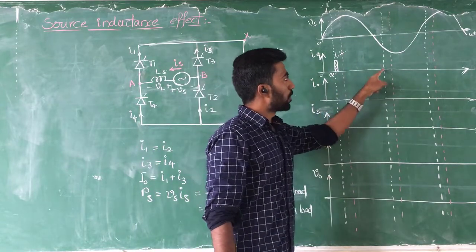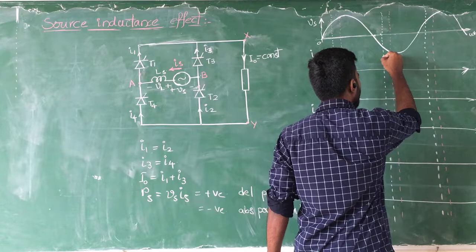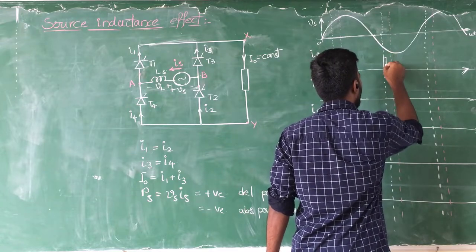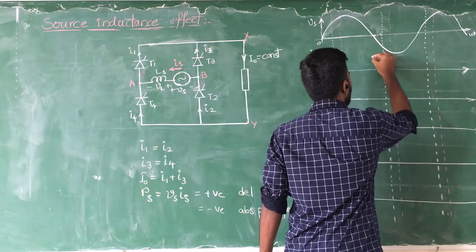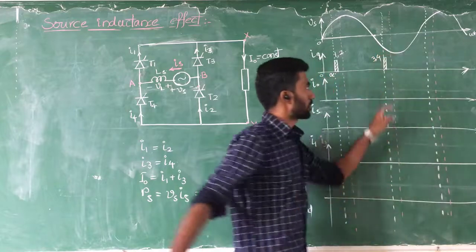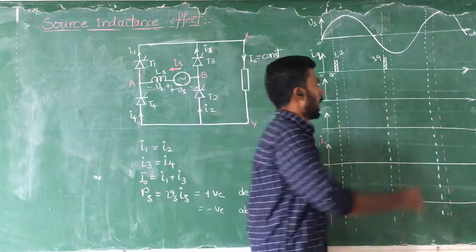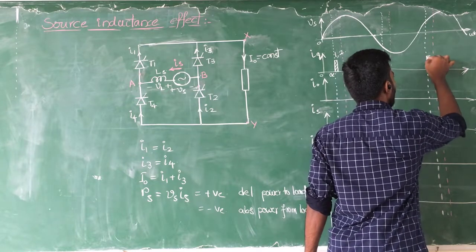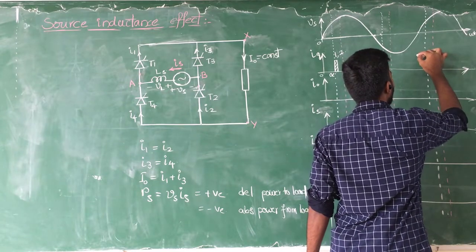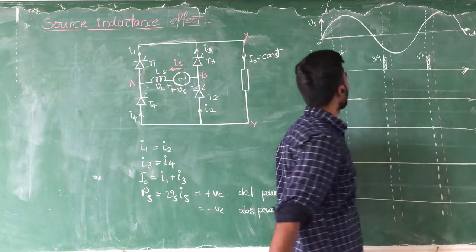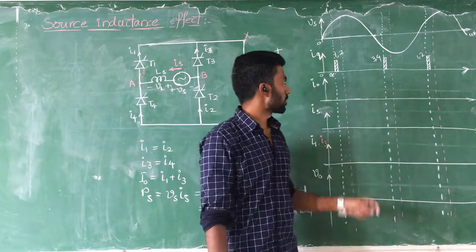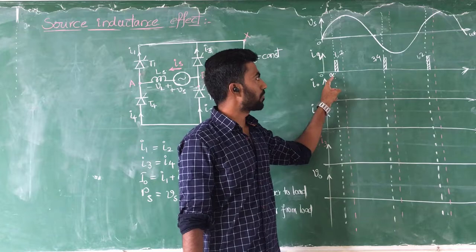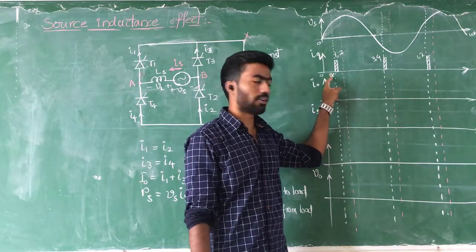Then we give a gate triggering pulse at this instant, related to the third and fourth devices. Similarly, every cycle will continue triggering pulses. That is the 1, 2 triggering pulses, and this is the firing angle; we are giving triggering pulses at firing angle alpha.